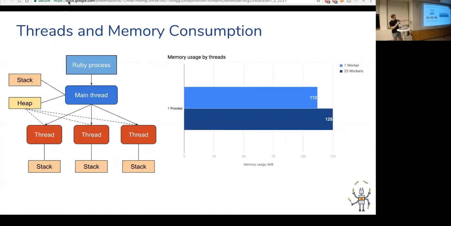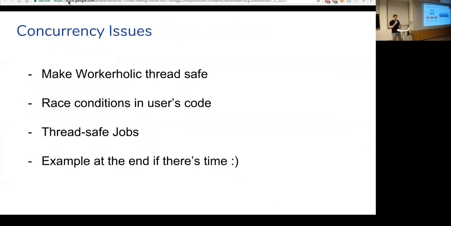You see the heap is shared, which means that any resource on that heap can be modified by the threads, which means that multiple threads can be stopped by the OS scheduler and then can try to modify that resource at the same time, and that introduces race conditions. Now in Workaholic, we made sure the code is thread safe, but the user space code might not be, which means that our jobs and the jobs that the user is going to enqueue need to be thread safe. Now, I have an example, but it takes like 5 minutes or so to explain. So if we have time, I can show you at the end of the talk.